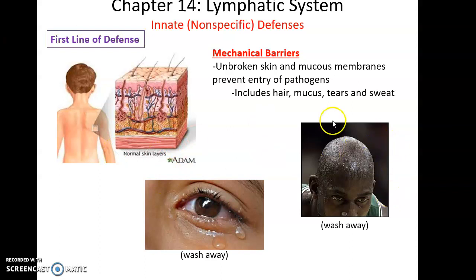But the mucous membranes, of course, produce mucus, which can act as a block or can be a material to pull the pathogens away from the surfaces of those structures. Also, tears and sweat are great for washing away pathogens.